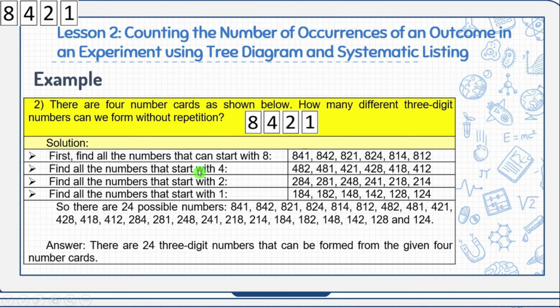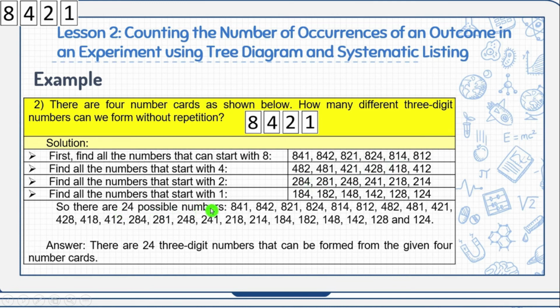And for the numbers that start with 4, we have here the result. And for the numbers that start with 2, we have also here the result. And the numbers that start with 1, we have here the result. So therefore, if we count this one, magiging result natin ay mayroong 24 possible numbers.